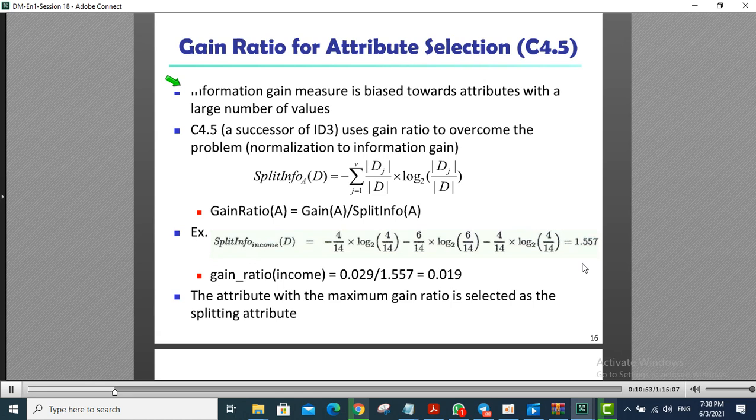We have another problem with ID3. In ID3, we use the information gain measure, but it should be noted that this measure can be affected by attributes with a large number of values.